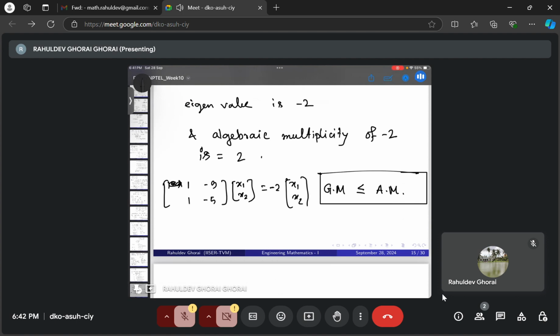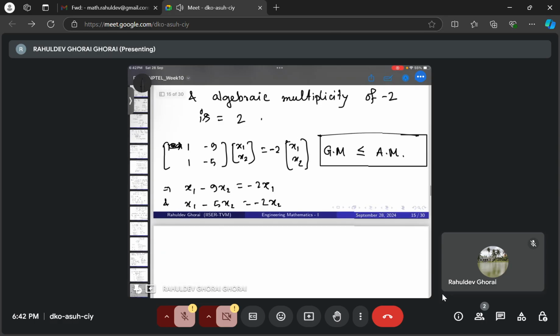So from there, what you get is x1 minus 9x2 is equal to minus 2x1, and x1 minus 5x2 is equal to minus 2x2, right?